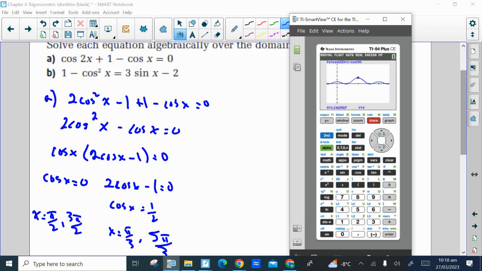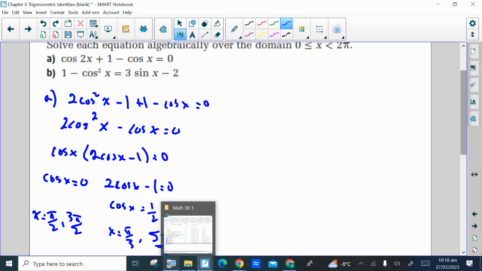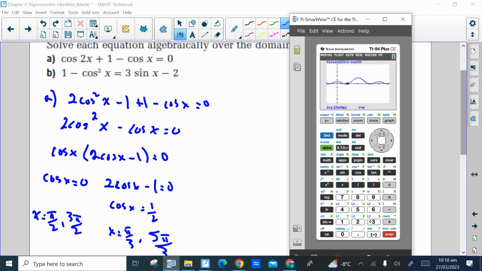But we can check them on our graph by going into the trace mode, and we manually input pi on 2 in. That confirms that's an x-intercept because y equals 0 there. Okay, if we check 3 pi on 2, confirms that that's an x-intercept, a solution, because y equals 0 there.